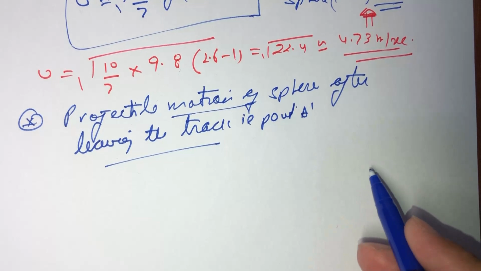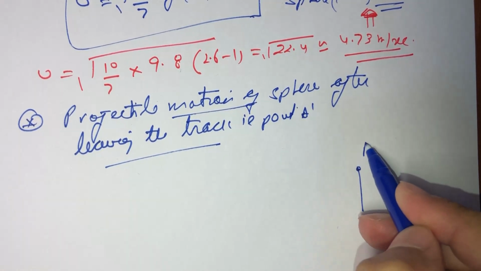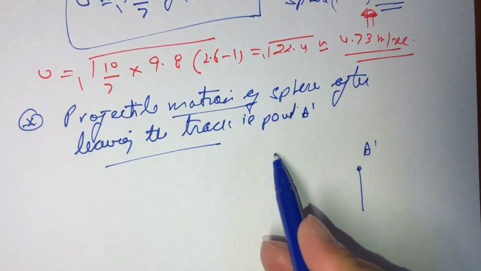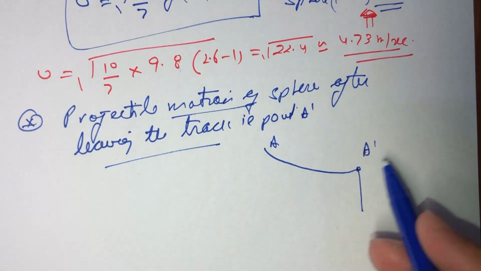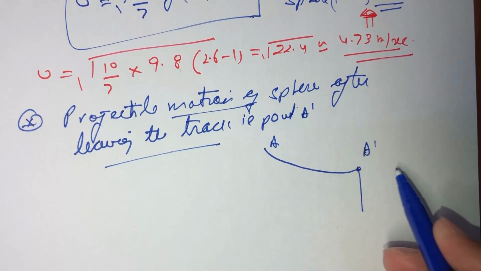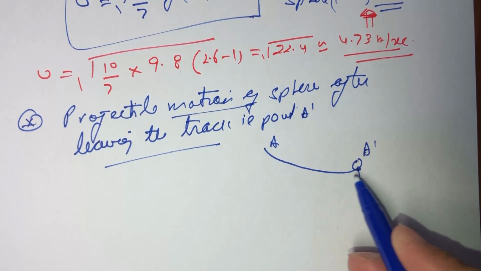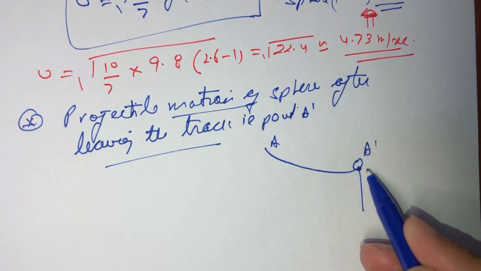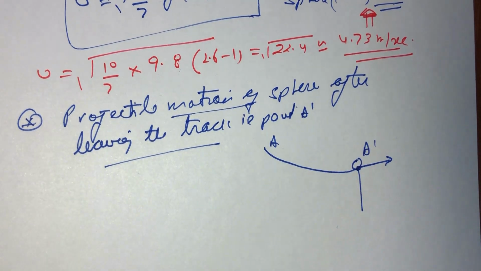So we can draw the figure something like this. So this is our A prime and this is our initial track. This was point A. Now the sphere is going to leave this track at A prime with a velocity which will be our horizontal velocity.